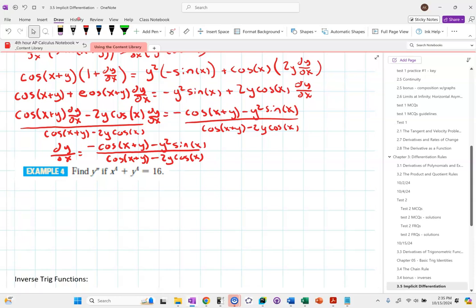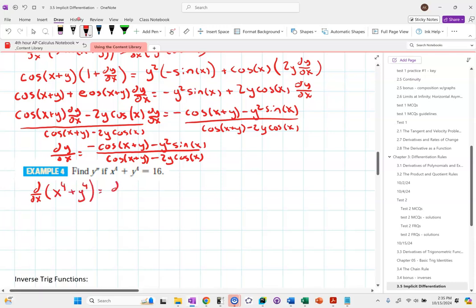What's different about this next one? It's asking for the second derivative. Oh no! So we'll start with the first derivative. Okay.